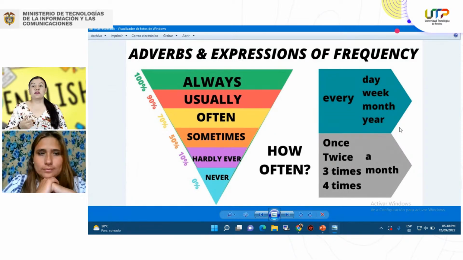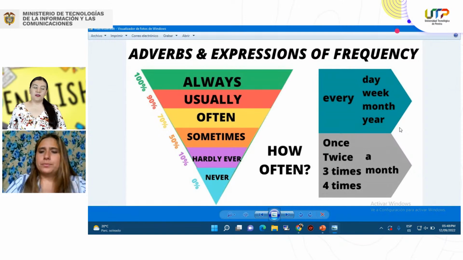But if I'm going to talk about someone else in third person, it means he or she, I need to add s to the verb. That is something mandatory. And if you don't do it, it will be grammatically incorrect, okay? So you need to add s to the verb if it is third person of singular.